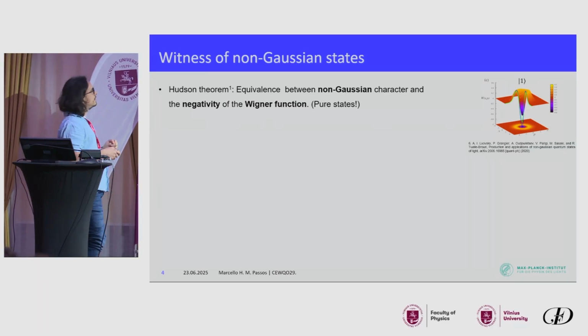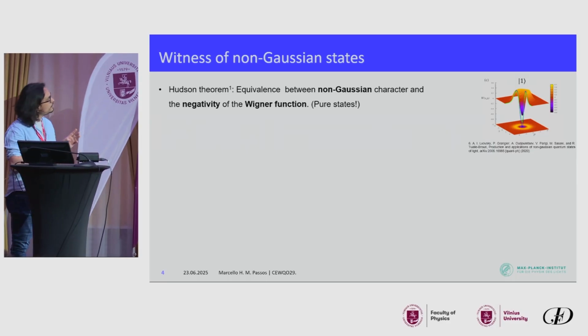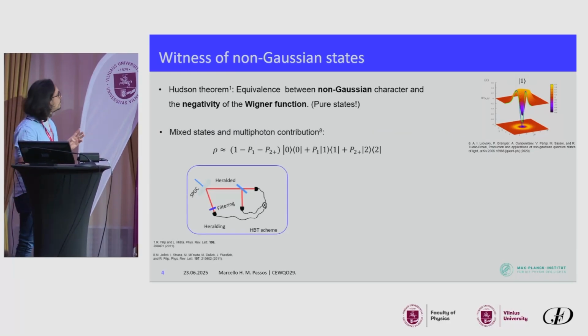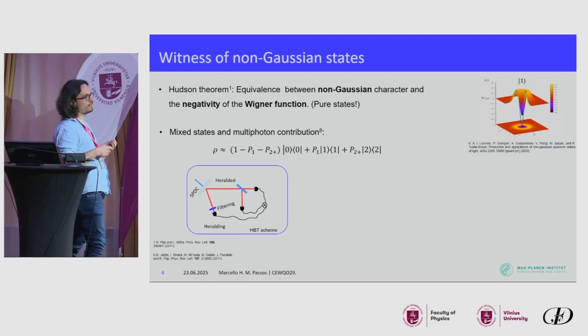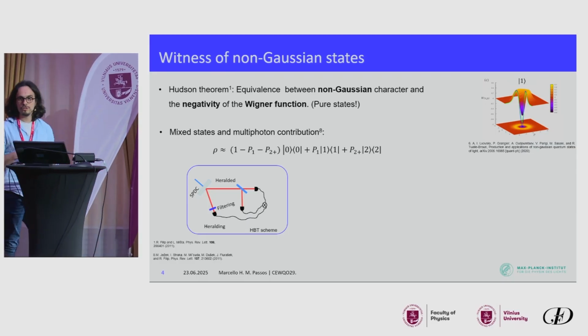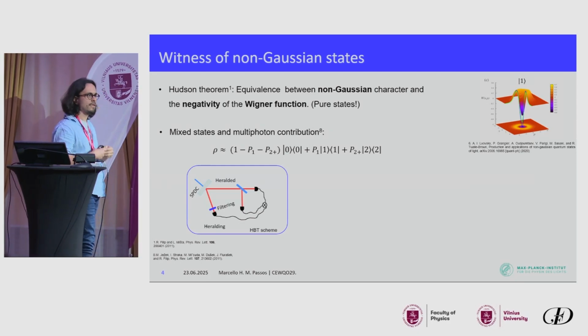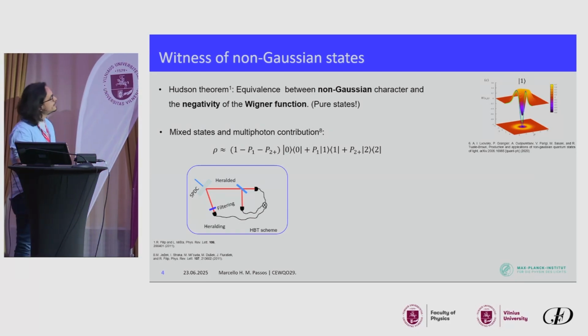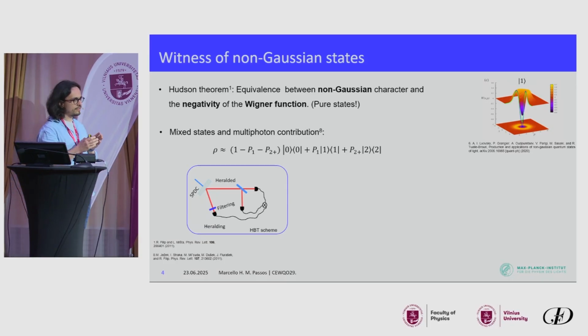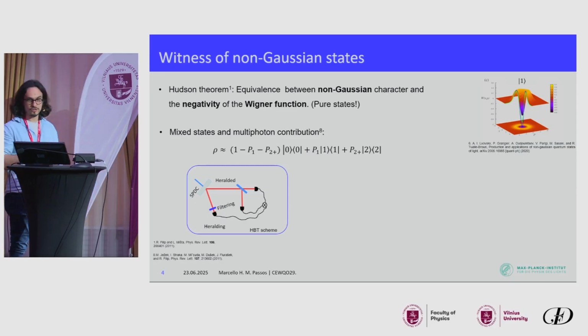However, this is really good for pure states, but if you go for mixed states, where you have, for instance, vacuum contribution or single photon, or a multi-photon contribution generated by your source, this cannot be a very well-done certification, because even though your state is non-Gaussian, it can have Wigner function positivity due to the losses.